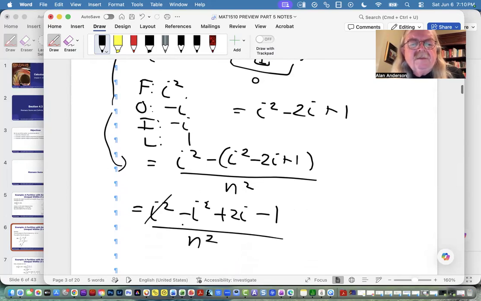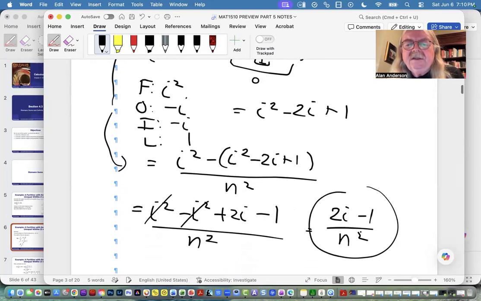So, of course, these two drop out, and we're left with (2i minus 1) over n squared. Each delta x_i, rather, equals this expression.